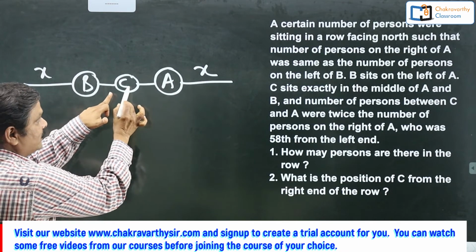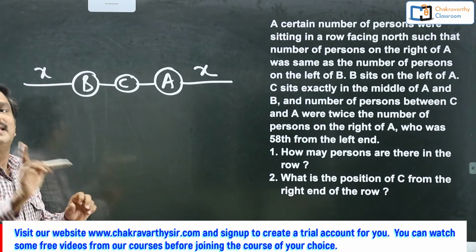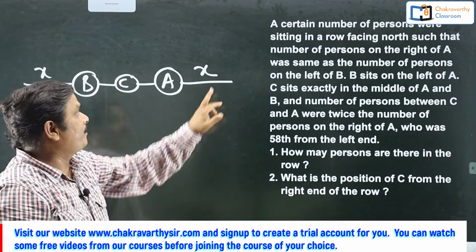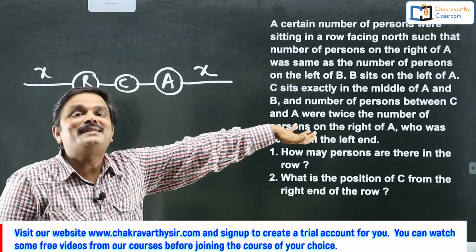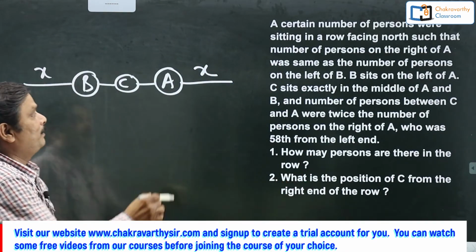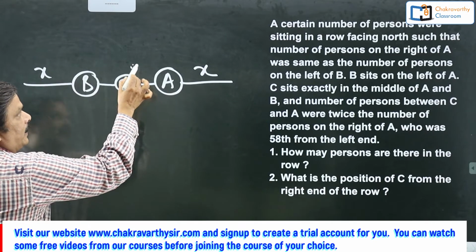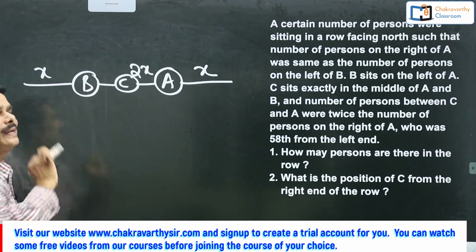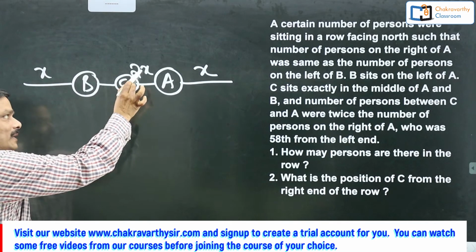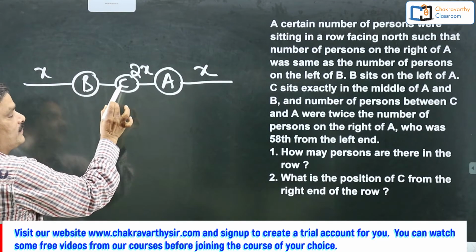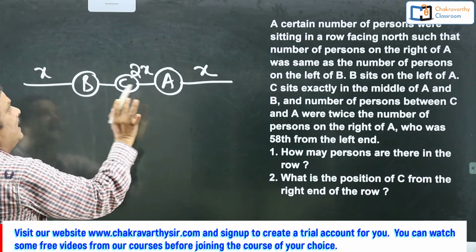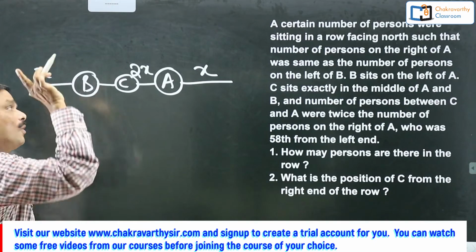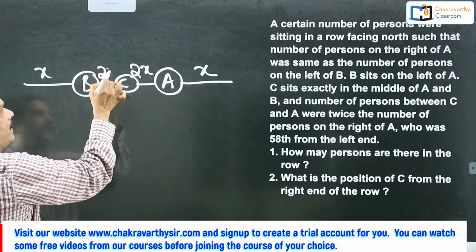The number of persons between C and A is twice the number of persons on the right side of A. That means if this is X, it should be taken as 2X. When it is 2X, the place of C is exactly in the middle when compared to B and A. Now when it is 2X, it must be 2X.